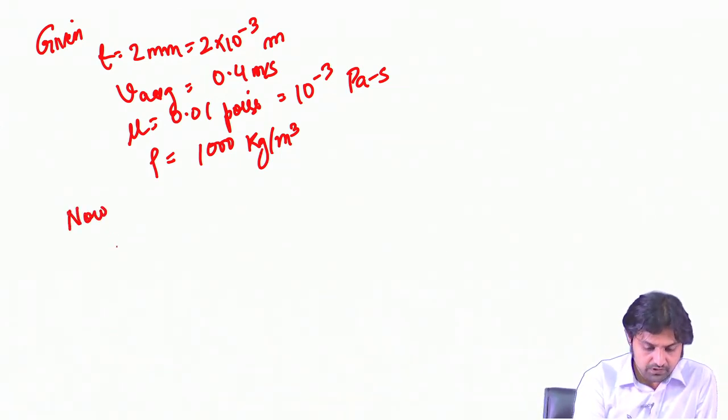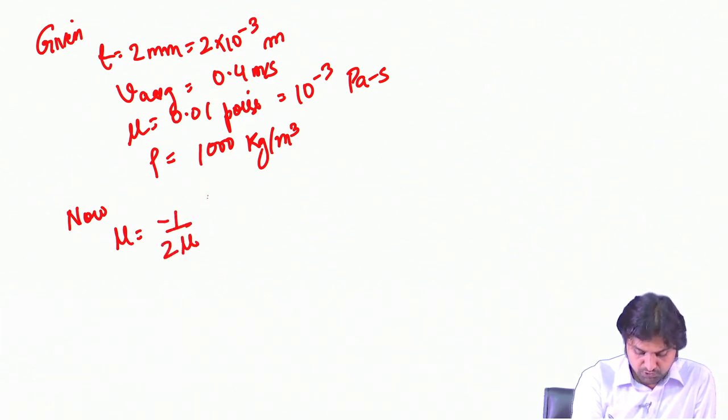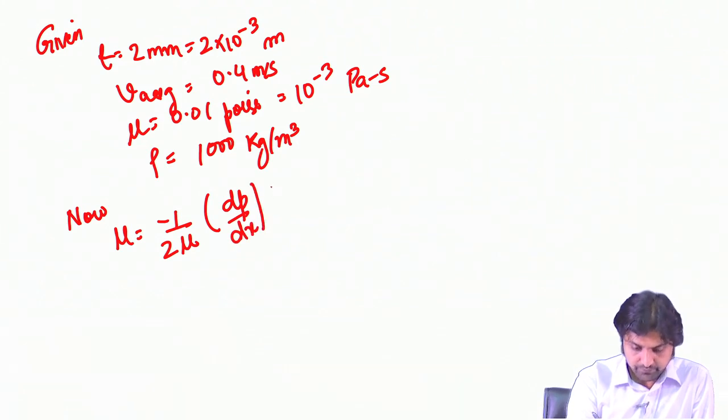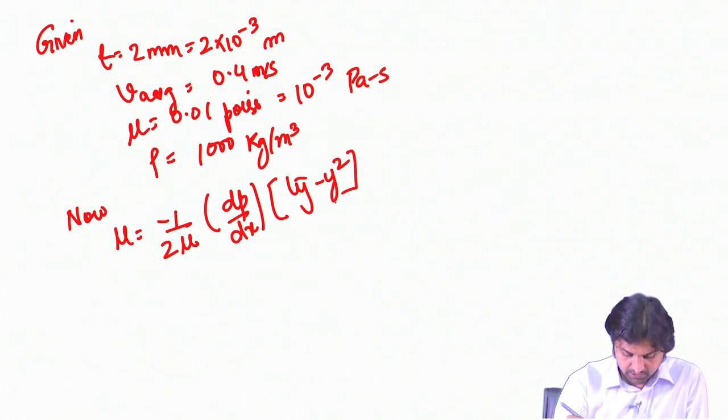We write the equation that we had derived. U is minus 1 by 2 mu dP dx into (Ty minus y square).